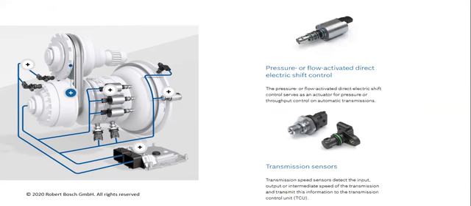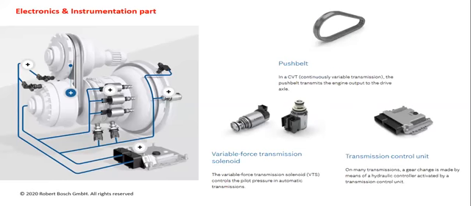And next, the pressure or flow activated direct electric shift control serves as an actuator for pressure or throughput control on automatic transmissions. And the last comes the transmission sensors. The transmission speed sensors detect the input, output, or intermediate speed of the transmission and transmit this information to the transmission control unit, TCU.